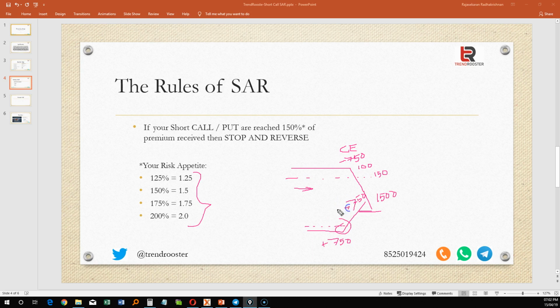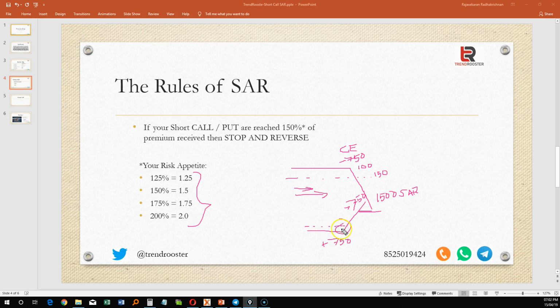This will be minus. Okay, so by doing this SAR, by doing the 1500 quantity SAR, you are limiting the risk to 50% of the premium received, and you are not blocking the trend. Say, for example, the market is moving violently to the upside.